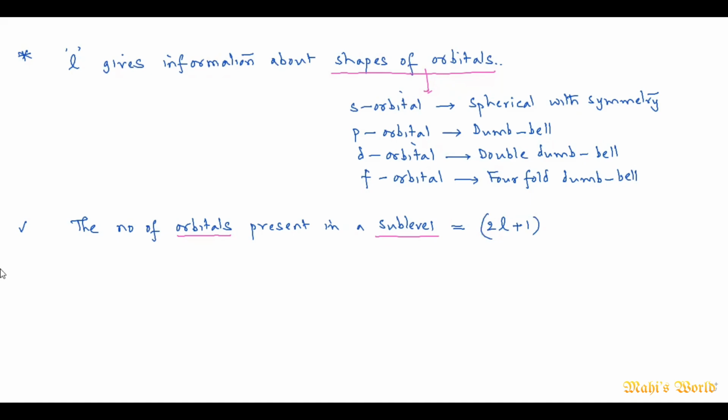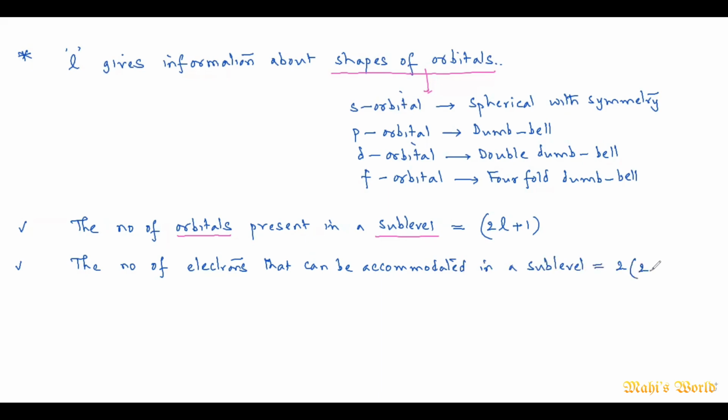Number of orbitals present in a sublevel can be given by 2 into L plus 1. Similarly, the number of electrons that can be accommodated in a sublevel of course is equal to 2 of 2L plus 1. So these are very important.